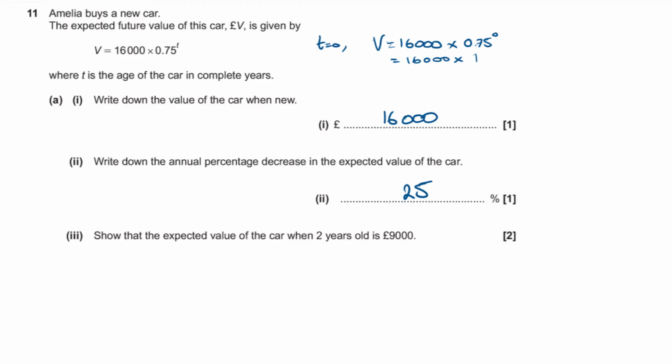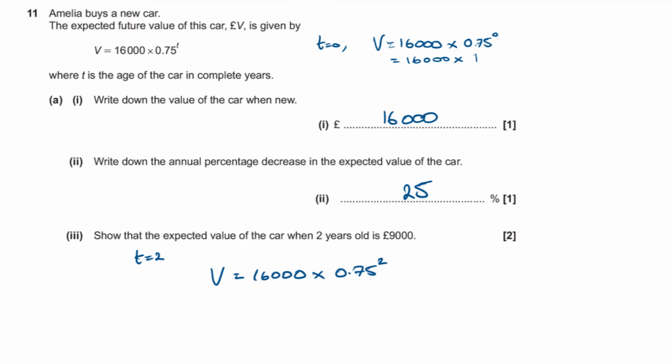Show that the expected value of the car when 2 years old is £9,000. So when t is equal to 2, you are going to be working out V, which is 16,000 times 0.75 to the power 2. Now, I'm not going to work out what 0.75 to the power 2 is.